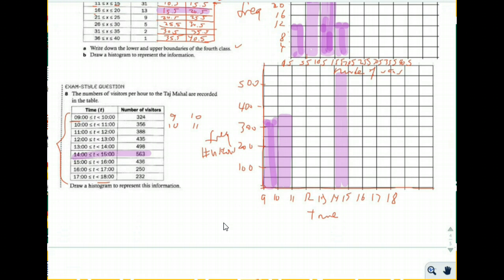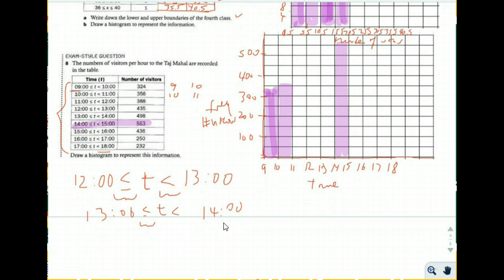Notice what inequalities they're using here. For example, between 12 o'clock and 1300 hours, we have the less than or equal sign here and the less than sign here. Between 1300 hours and 1400 hours, we have the less than or equal to sign here, and then the less than sign here.